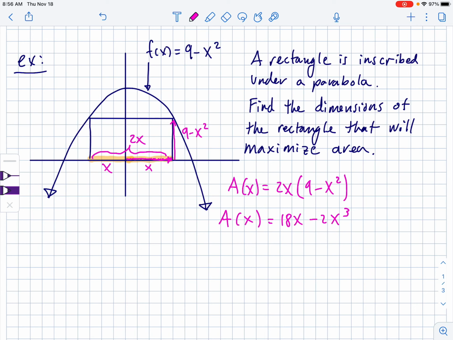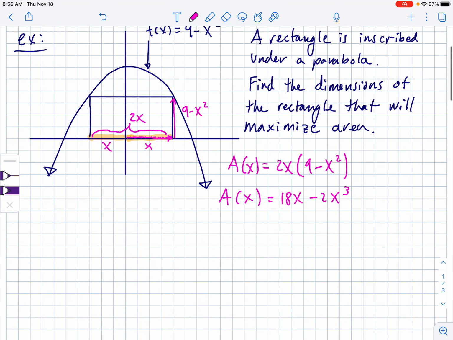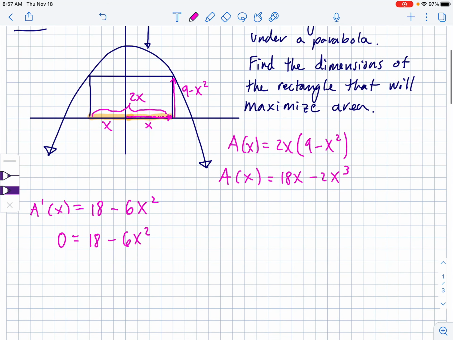If we want to figure out when that equation is at a maximum, we can use derivatives. So take the derivative of the function, we get 18 minus 6x squared. Now we want to figure out when that's at a maximum, which means that we need to figure out the turning point, the local max, local min, whatever, and set it equal to 0.